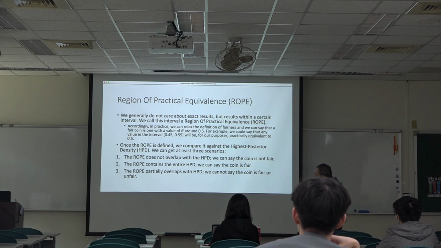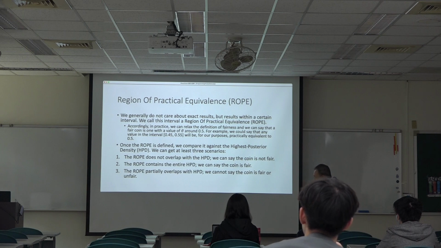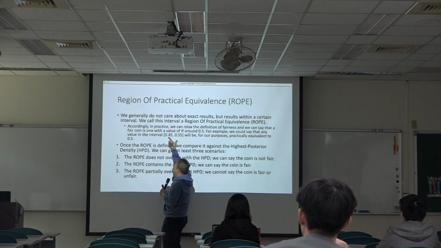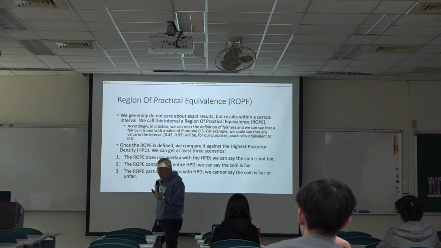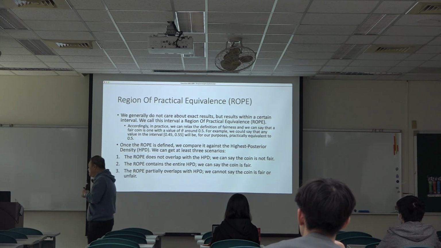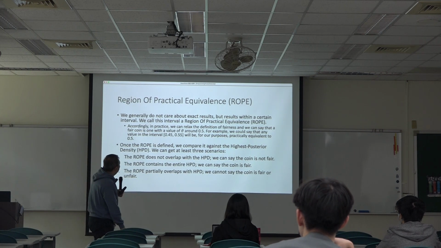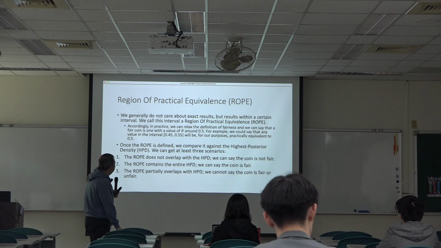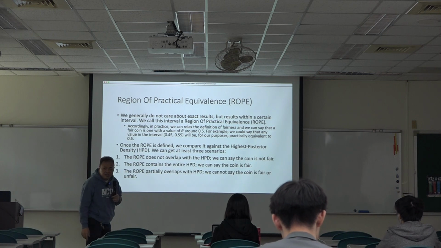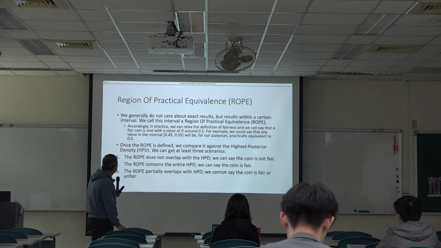So in this scenario, the ROPE that we are talking about is this interval, because in this interval we consider the result practically equivalent. That's why it's called the region of practical equivalence.